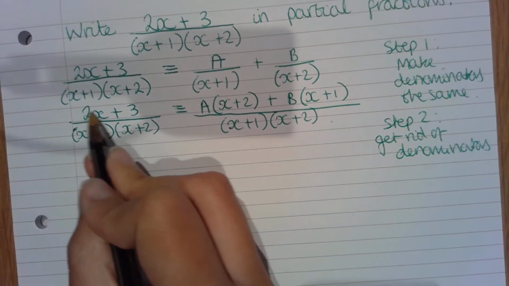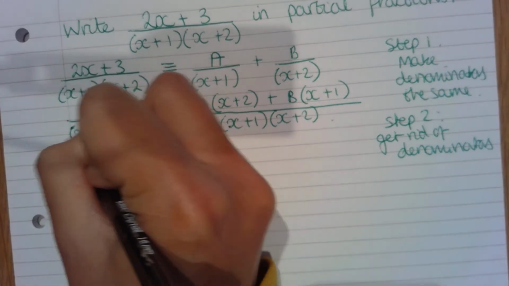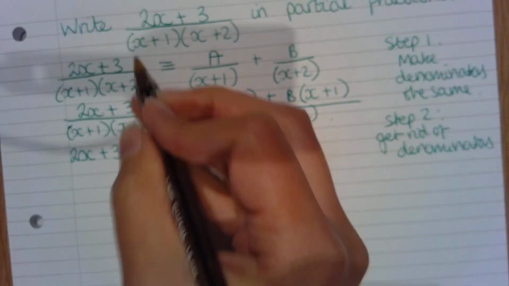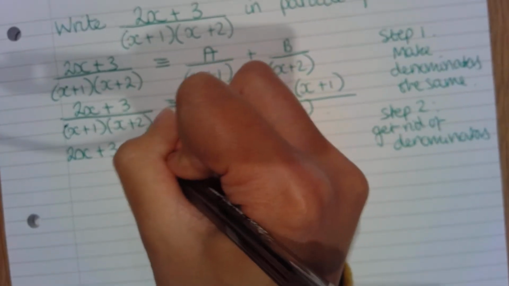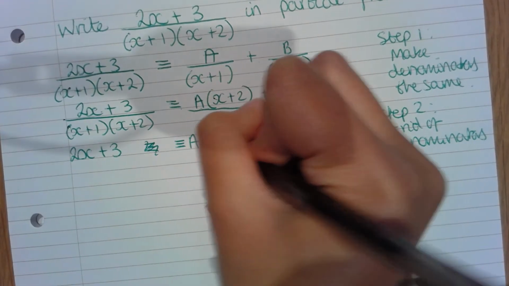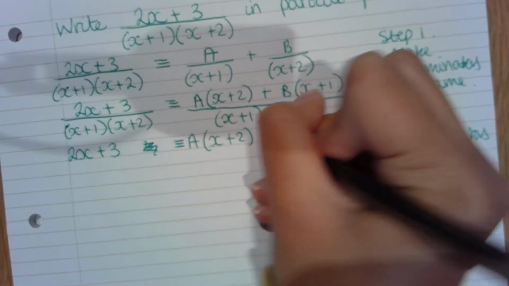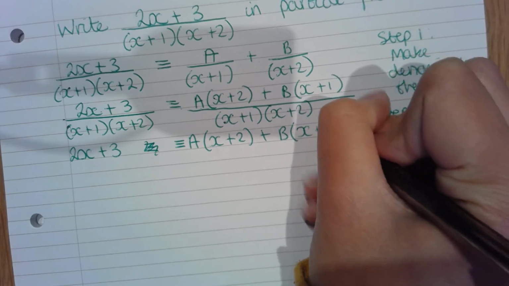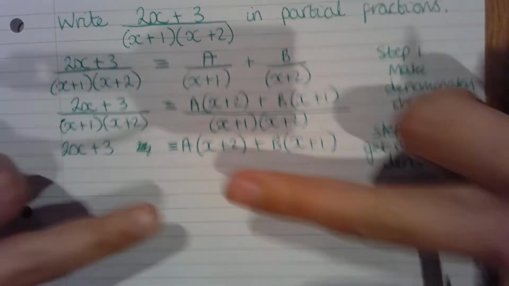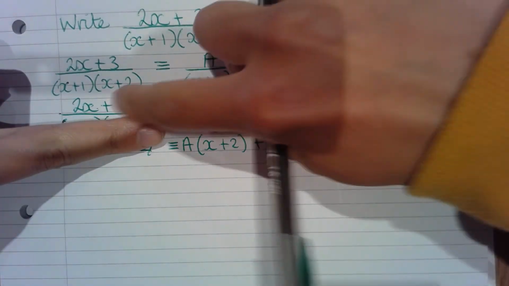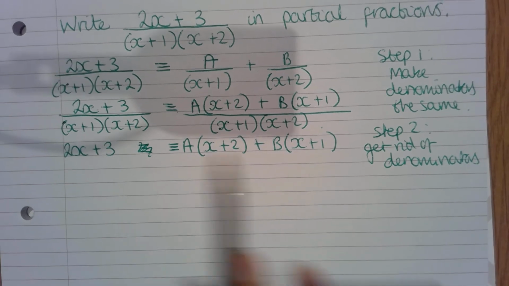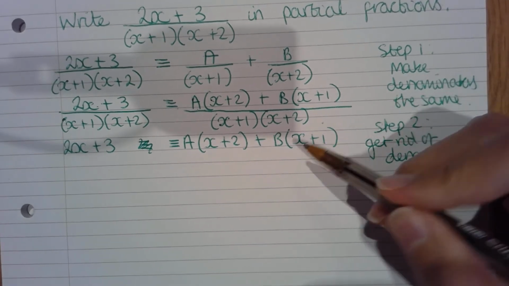We're going to be left with 2x + 3 on this side, identity, and then our numerator, A(x + 2) + B(x + 1). Because my denominators are the same on both sides, I've just multiplied by them, so I'm left with those two numerators. Now we're going to use values for x.